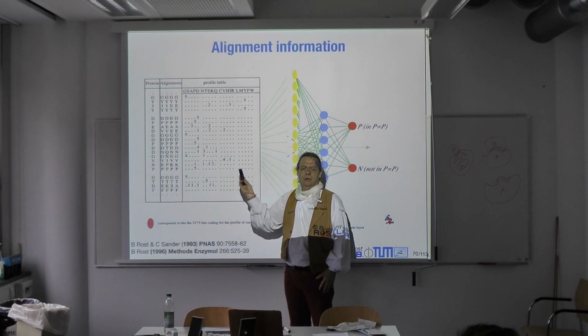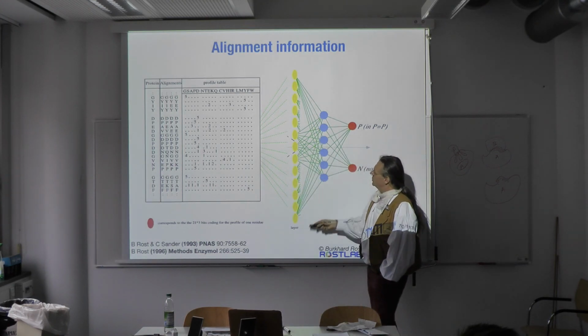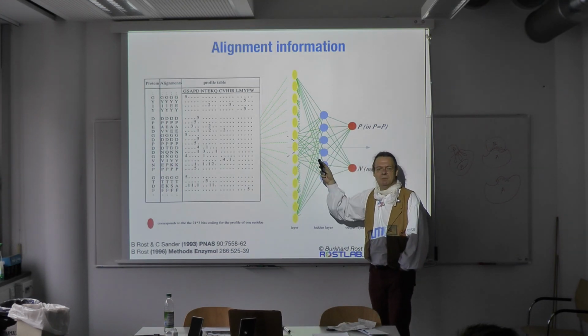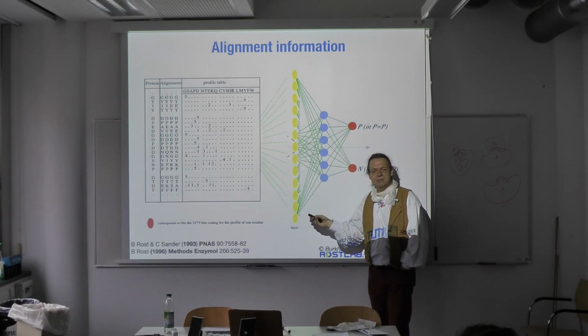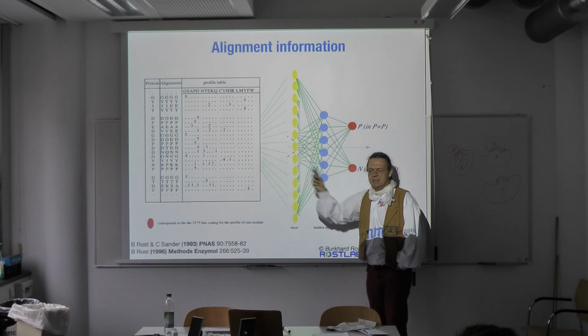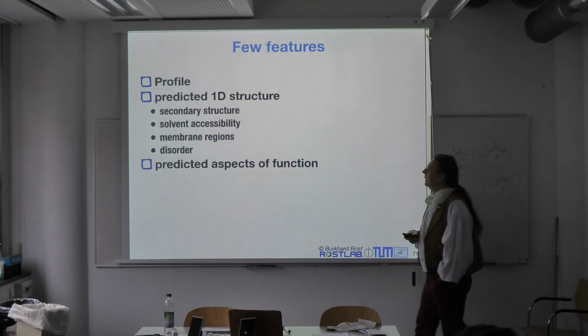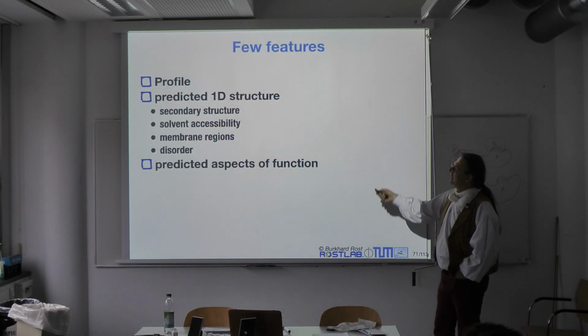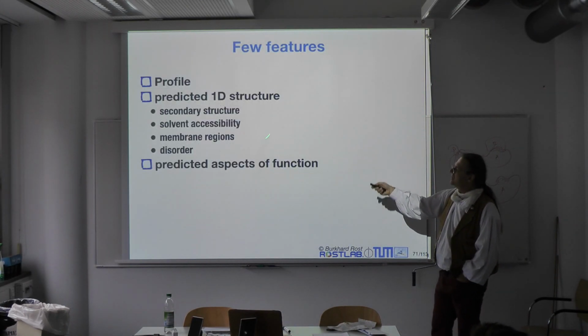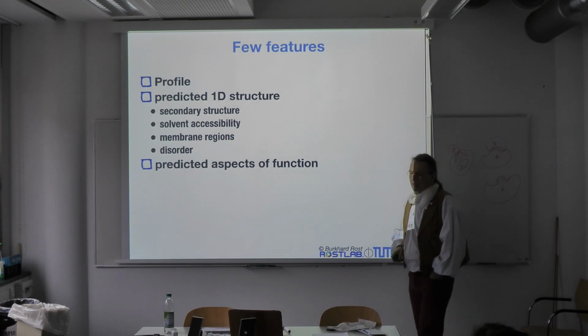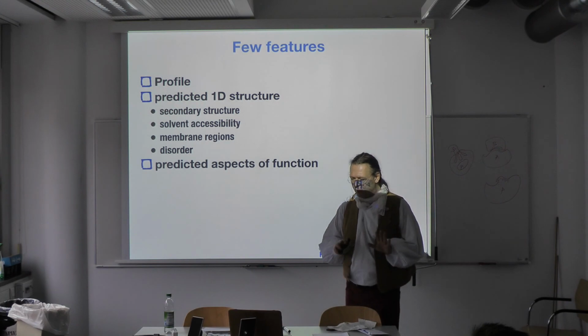And so forth and so on. So again, I use the same sort of system, the same input as before, where we use just the amino acid sequence, and put the profile in, and that is immensely important. And the other important thing is really to use secondary structure, solvent accessibility, membrane region, and disorder as input. And I believe this is where we stop it.